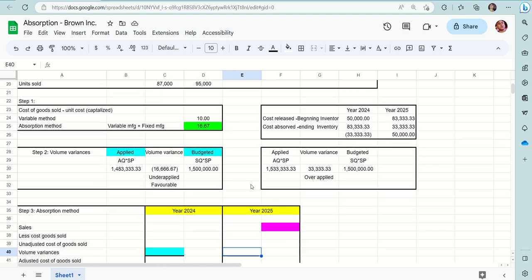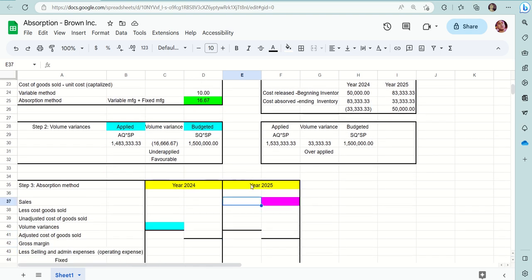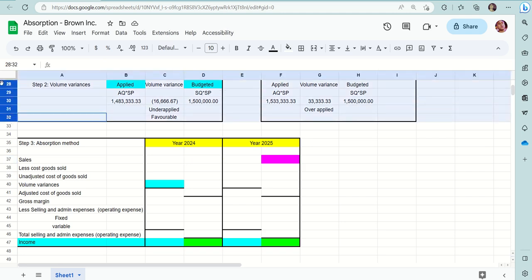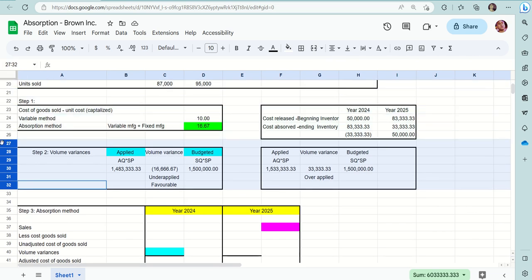Now let's go to our sales account. The absorption costing method uses the financial statements that are used by external users. So we're going to get our sales figure. I'm going to hide these cells over here so we can easily get our required information.